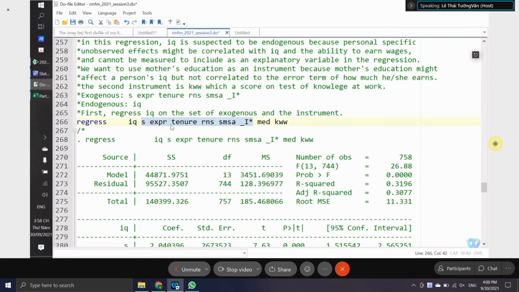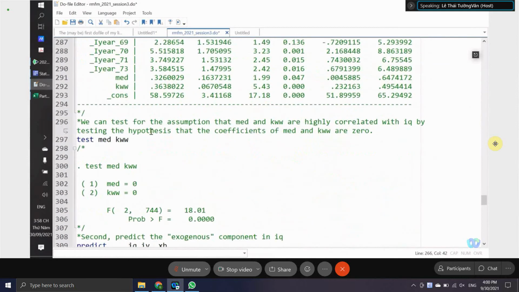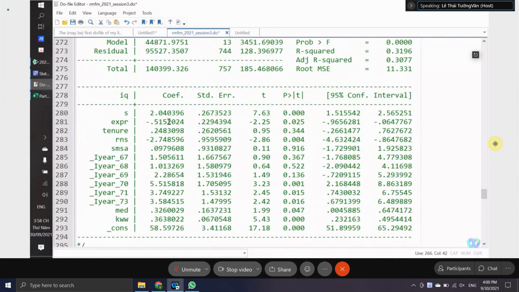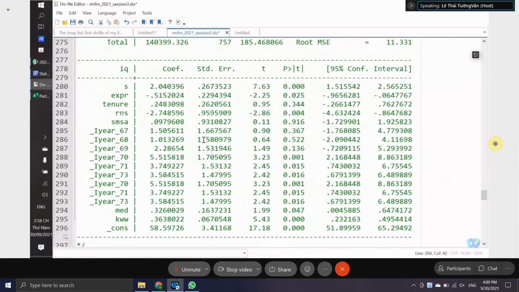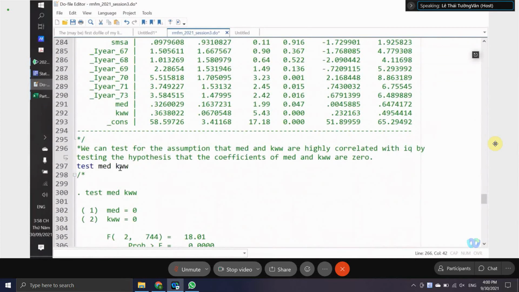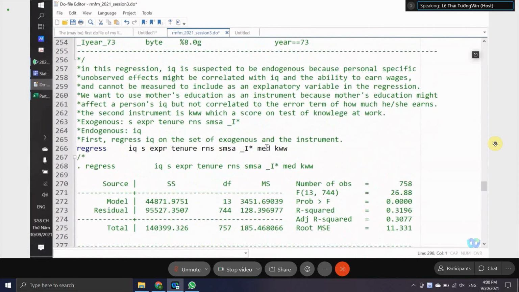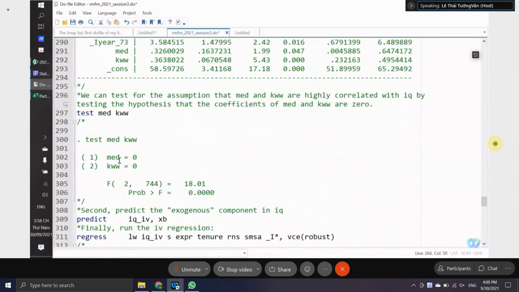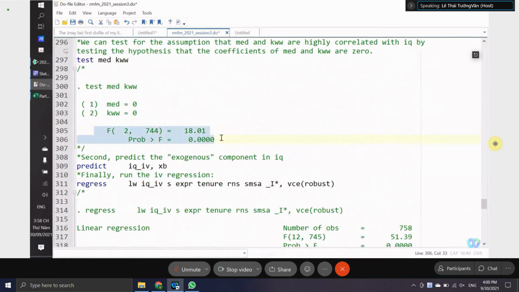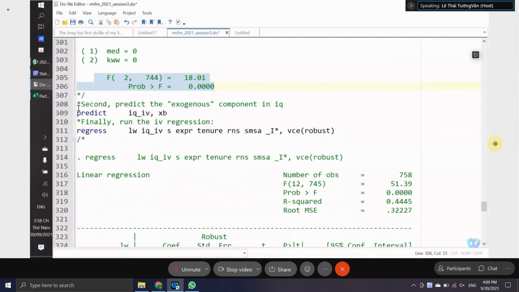If you regress this, you will get a regression like this one. And you can test if the instruments are highly correlated with the IQ, and the test says that the instruments are capable of explaining the IQ.